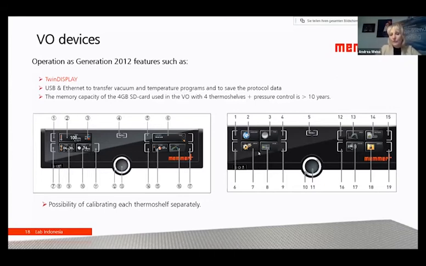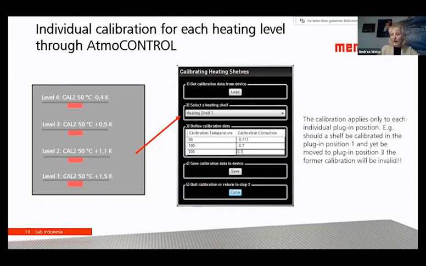Of course, we have documentation, so you can download the data. There's a storage of every minute, and you can download the data which is stored on an SD card up to 10 years. So here, calibration by using the Atmo Control software.